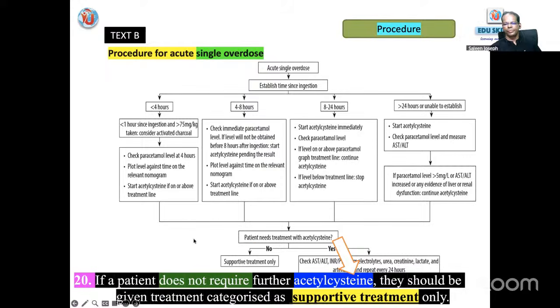See this indication, the name of the medicine: yes or no. Okay. Supportive treatment only. Is that clear?